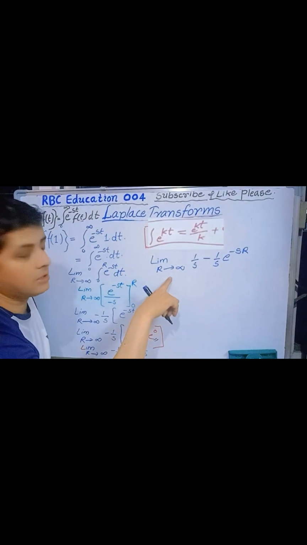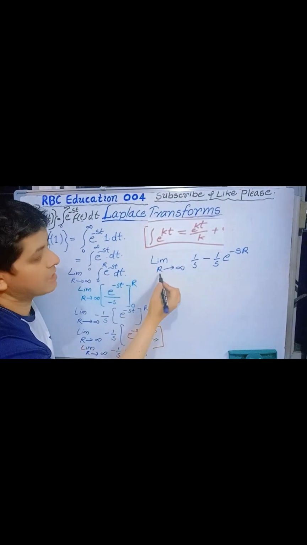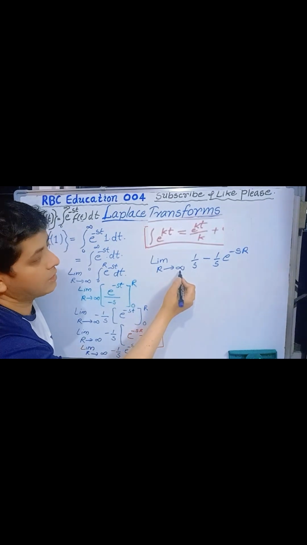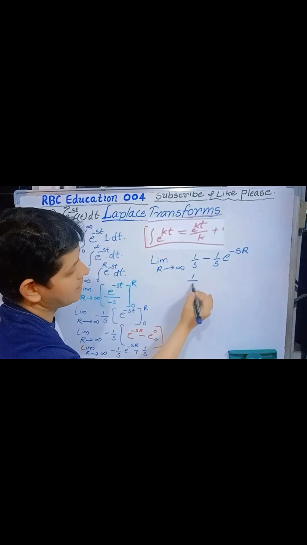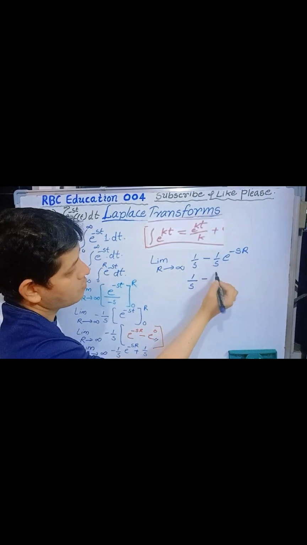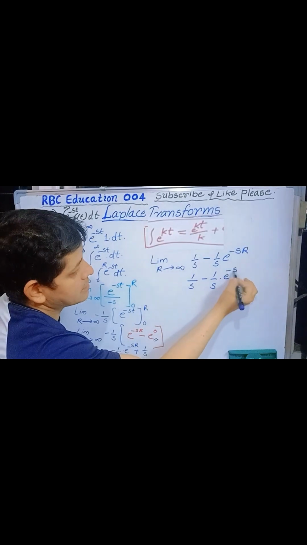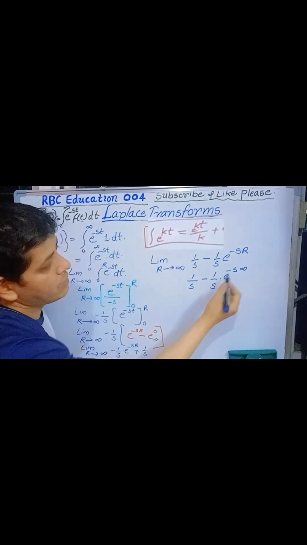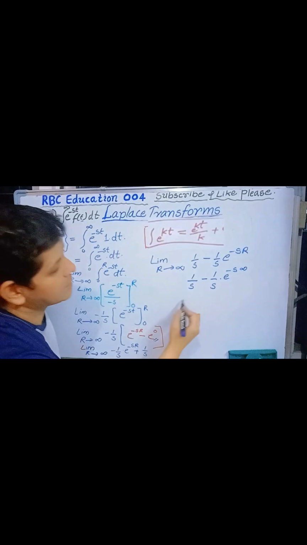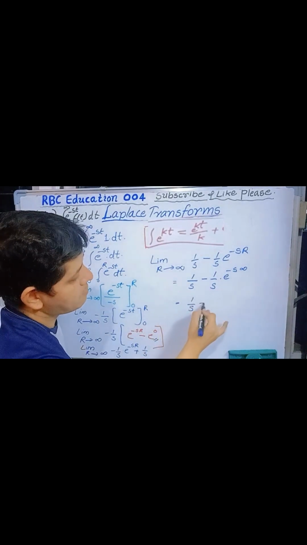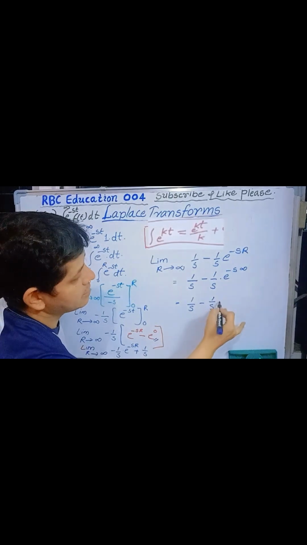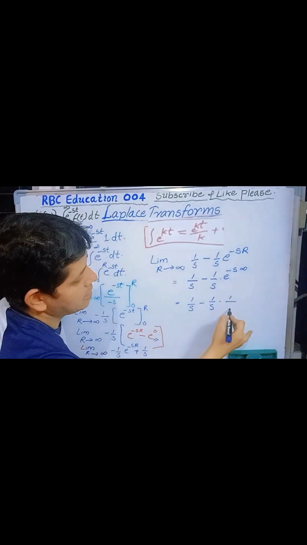Now let's replace r with infinity. So it becomes 1 by s minus 1 by s into e to the power of minus s infinity. We can consider that as 1 by s minus 1 by s into 1 by e to the power of infinity.